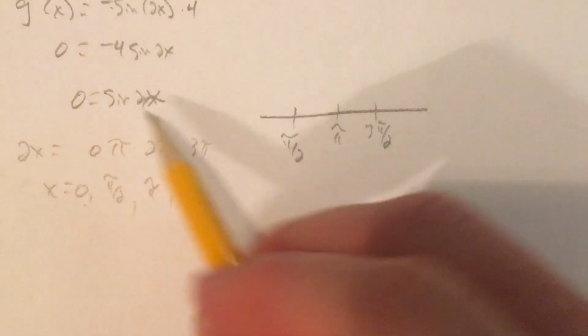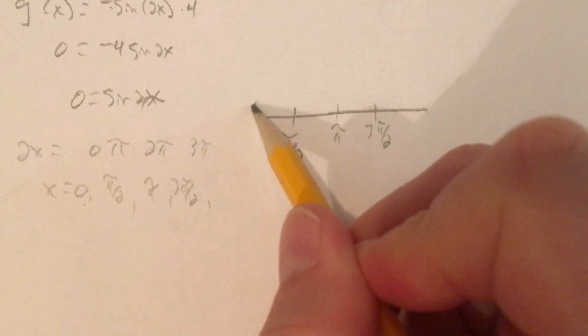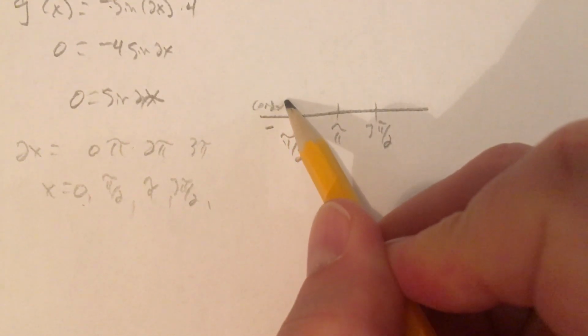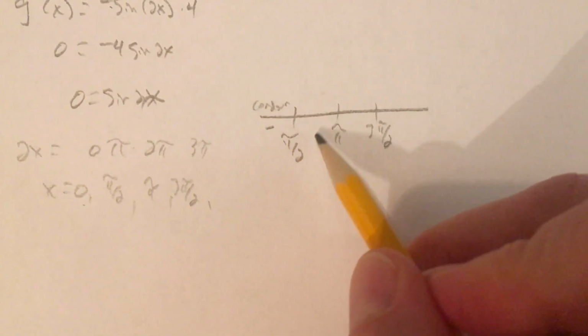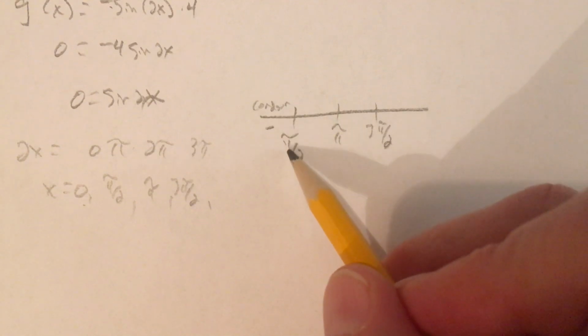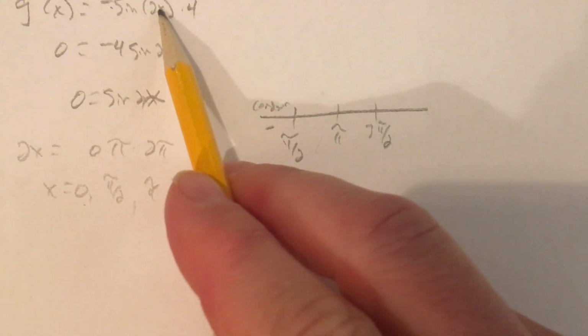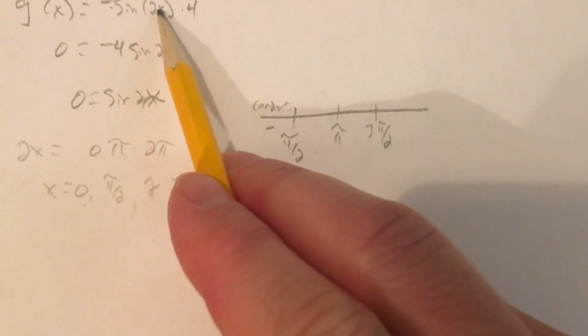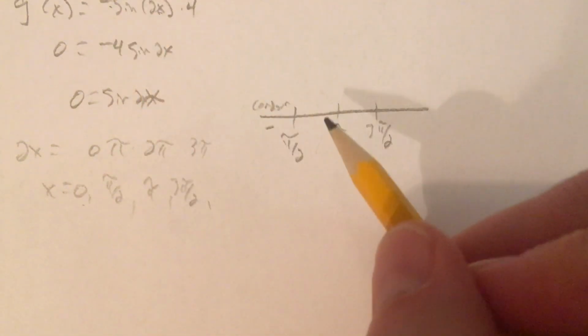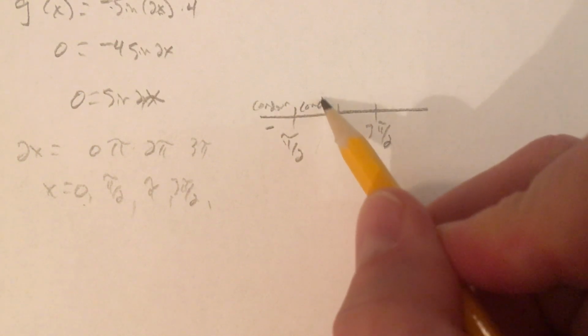It's a negative, though, so I'd get a negative here, which means we're concave down at that point. If I put in, say, 3 pi over 4, I would get sine of 3 pi over 2, which is negative, and so again that would give me concave down at that point.